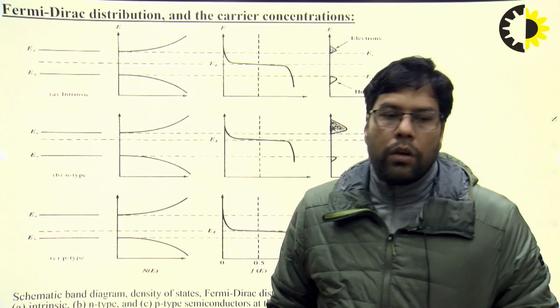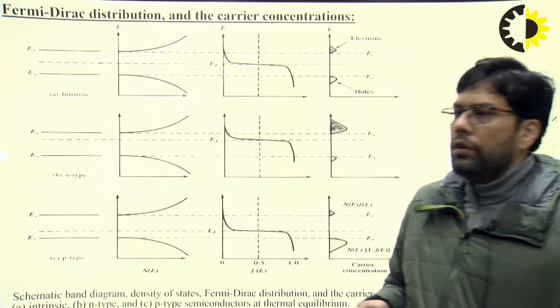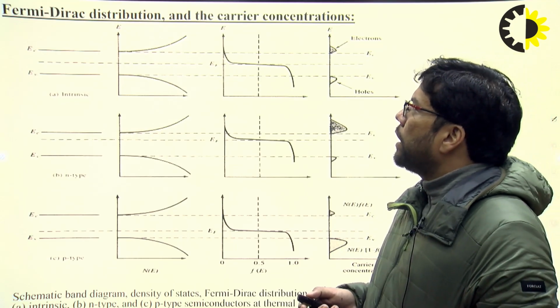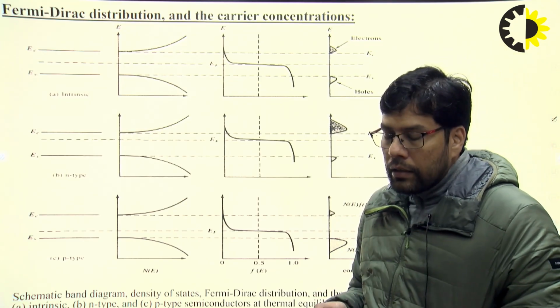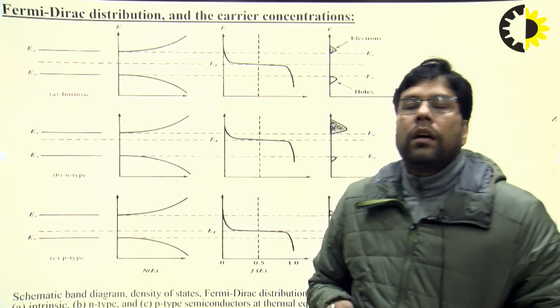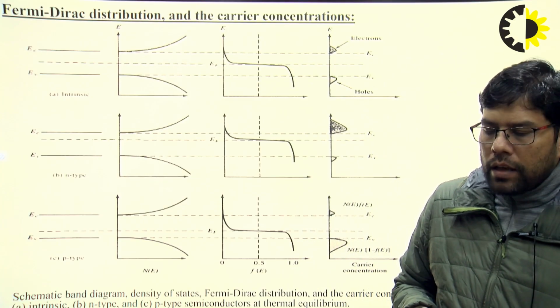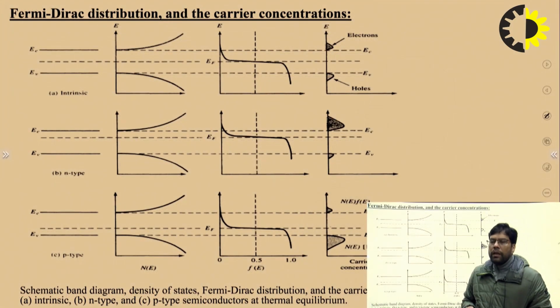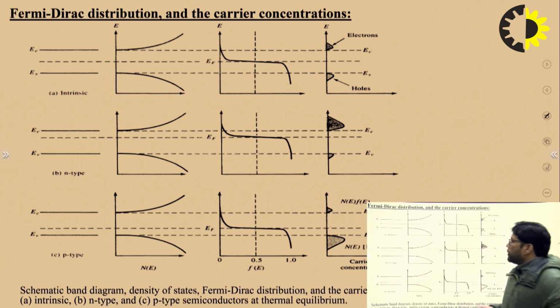Before starting the topic of PN junction diode, first we need to understand the Fermi level distribution in an intrinsic semiconductor and an extrinsic semiconductor, also called an impure semiconductor. There are two kinds of semiconductor we have.